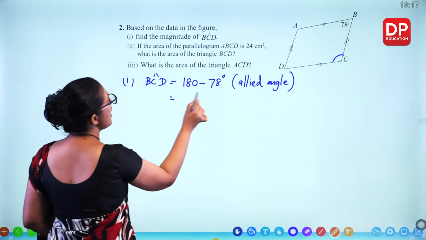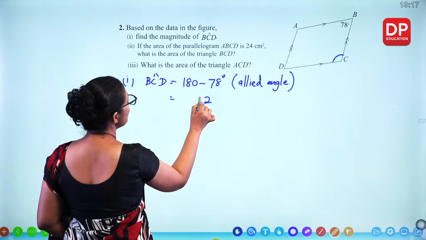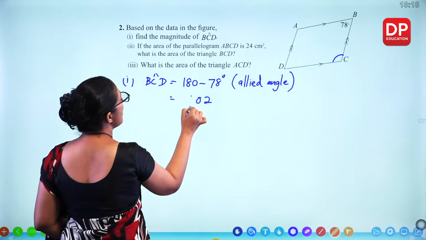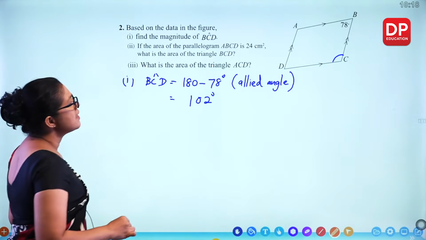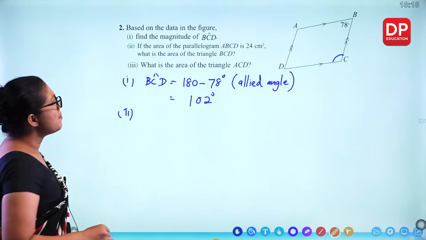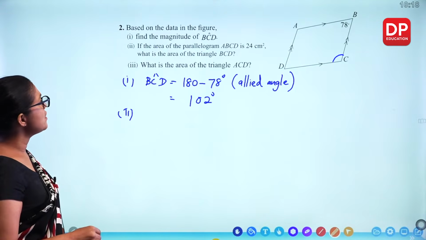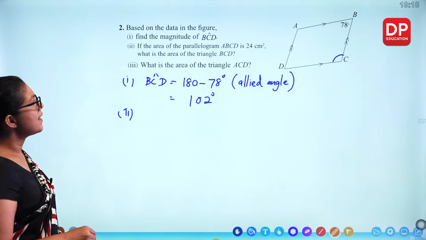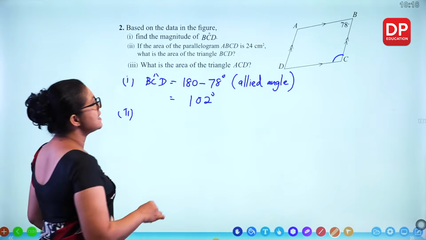So when you subtract, what do you get? 102 degrees.